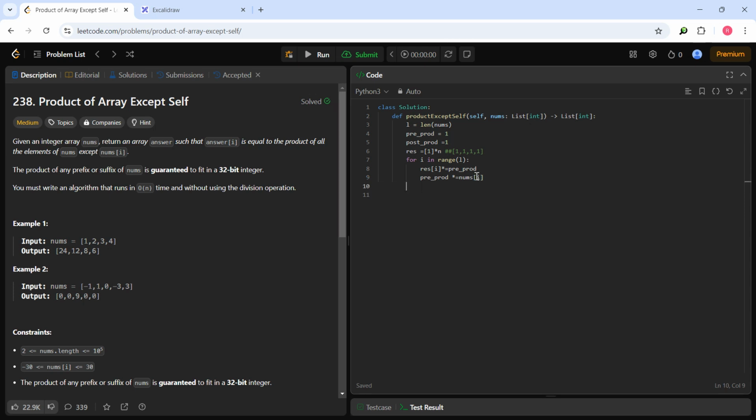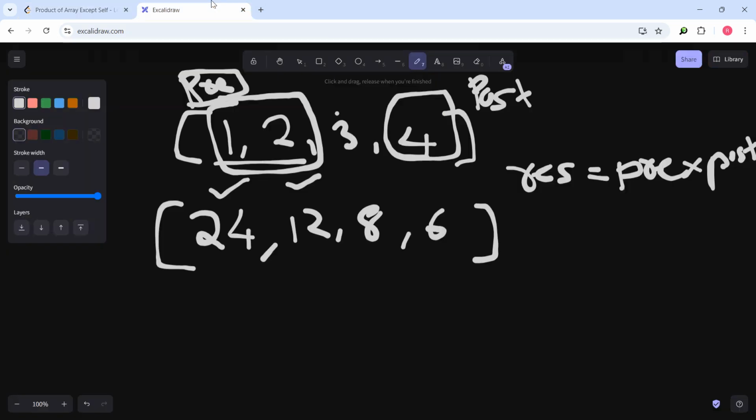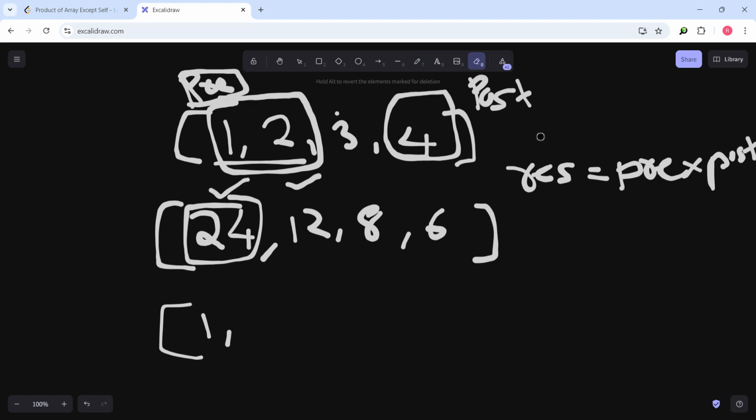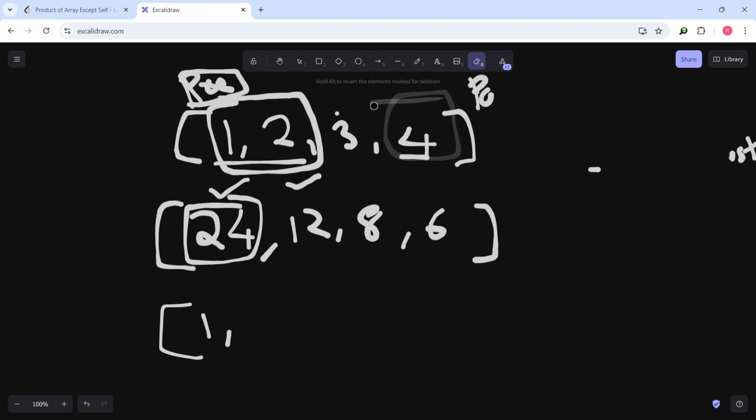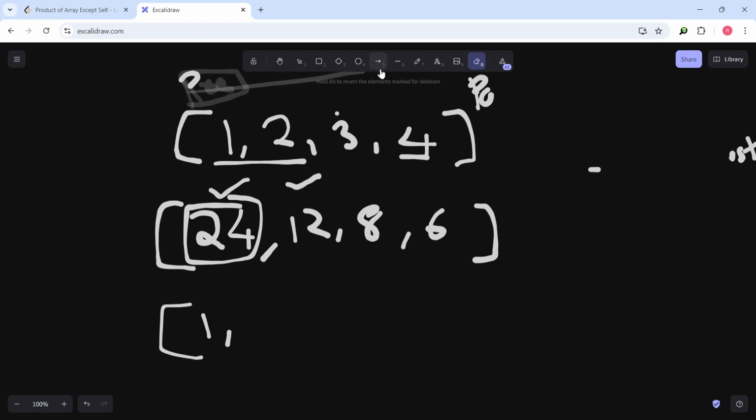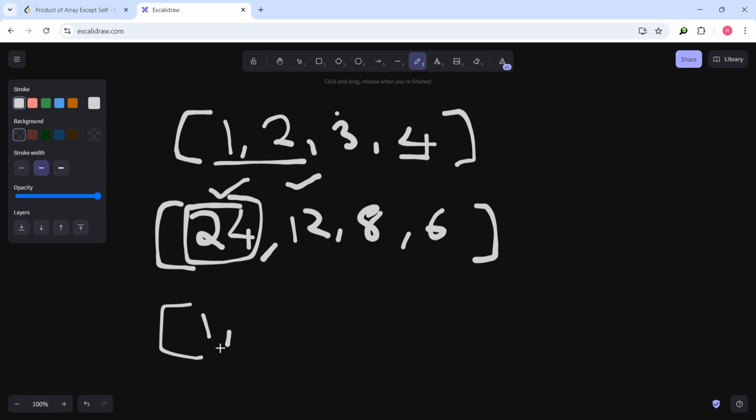So in the first iteration, we will get all the pre-prods of our result. For the first element there is no pre-prod, so we will just have 1. So during the first iteration of the loop, in the first position we get 1 itself.